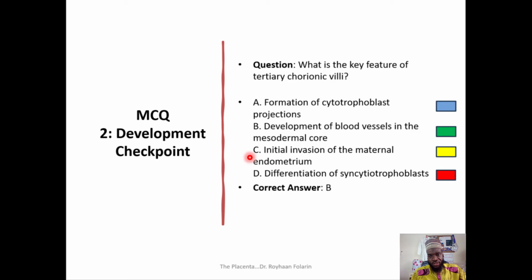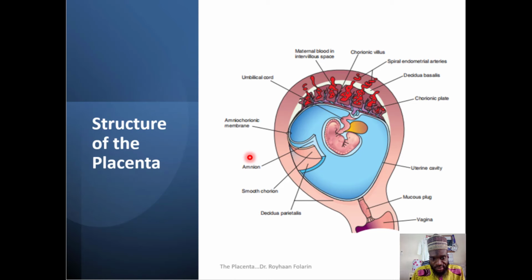All right, so going further into the structure of the placenta now, the placenta has a unique structure that is designed to support its multifaceted role. And here is the drawing of a sagittal section of the gravid uterus at 4 weeks, showing the relation of the fetal membranes to each other, and its relation to the decidua and the embryo.